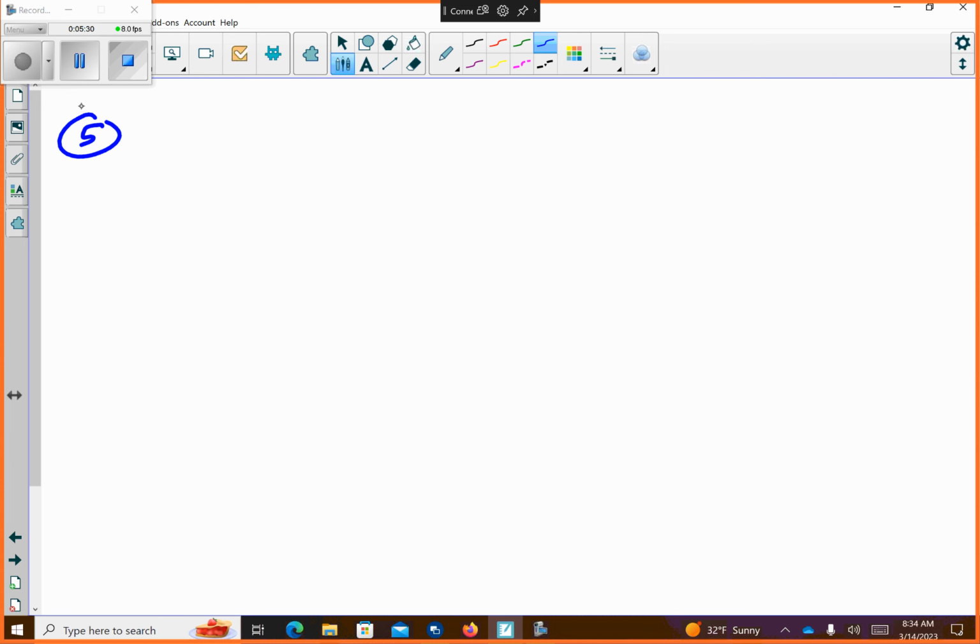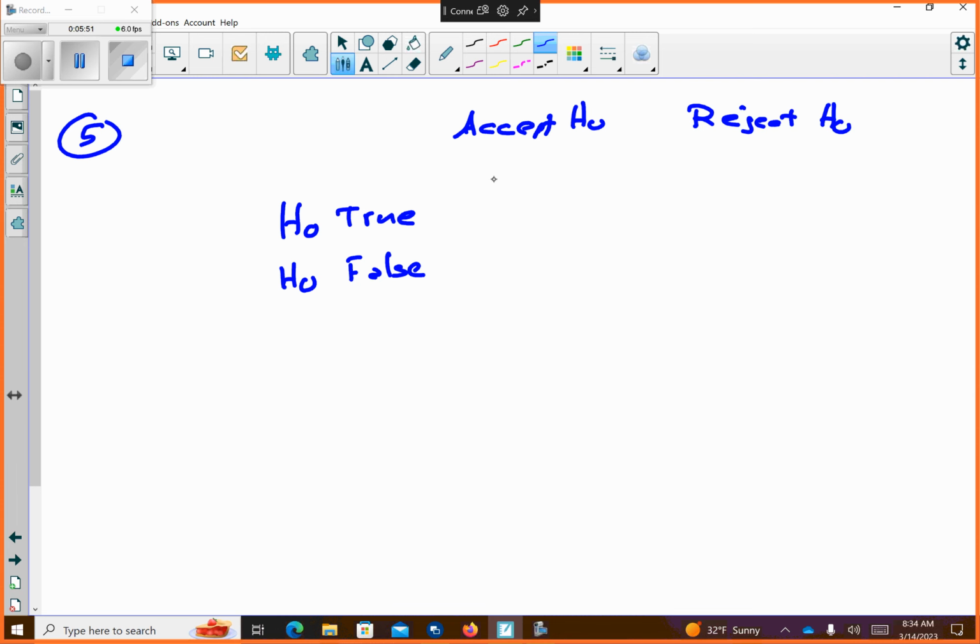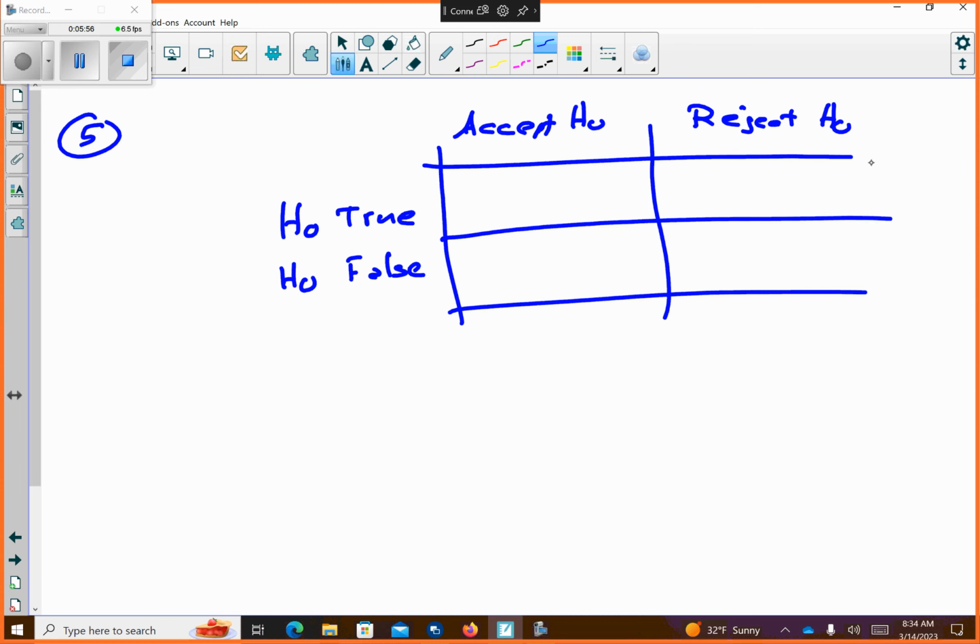Remember our table. We had this being true, this being false, accept this, and reject this. So they had done this grid in this fashion.